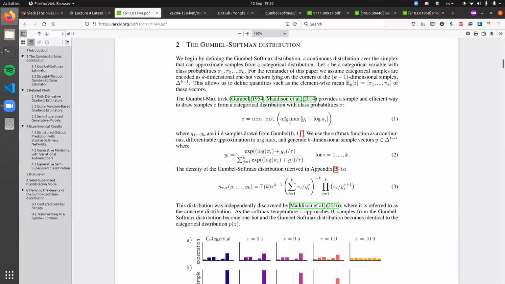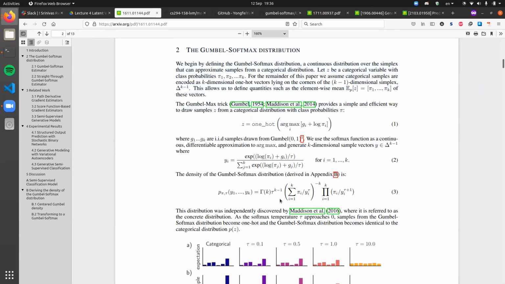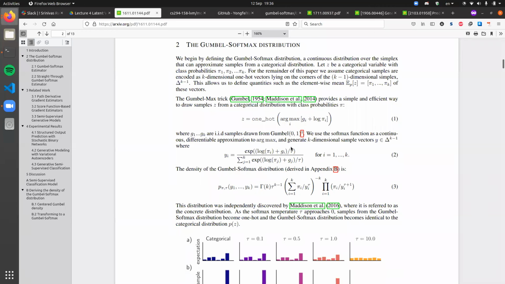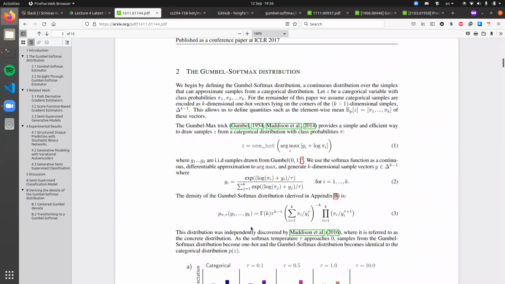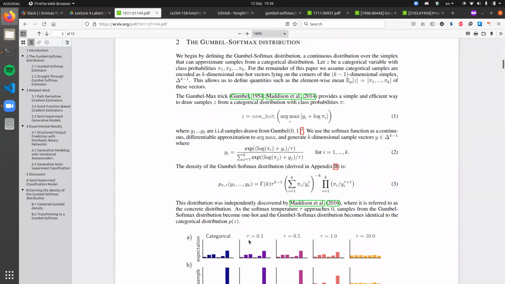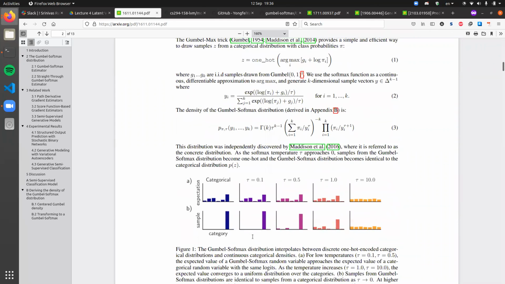And here you can see that the original Gumbel max trick was using argmax, and a way to make it differentiable is, instead of argmax, we can use softmax with temperature.